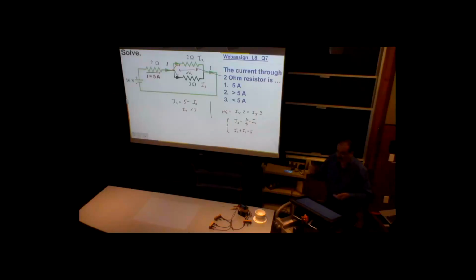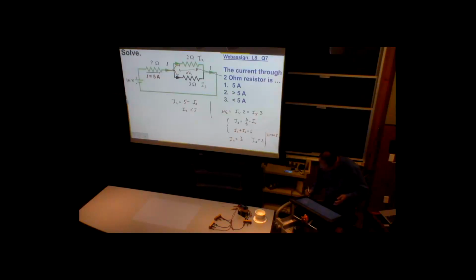On the other hand, relate it like this. Which is which? Why is it not the other way around? Because I2 should be higher: 3 and 2. This is a guess. How do we check? 2 plus 3, is it 5?